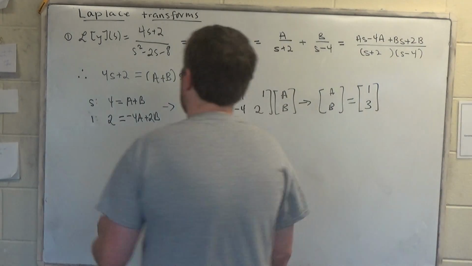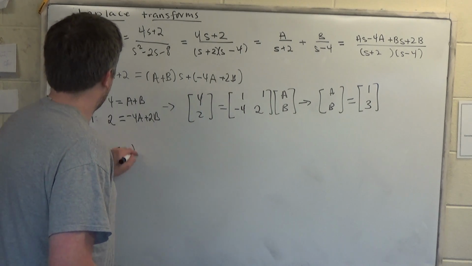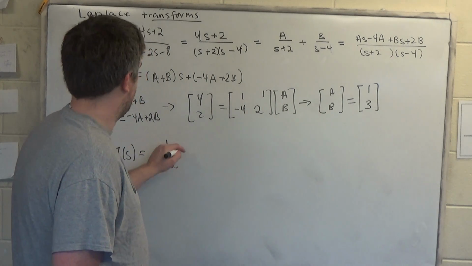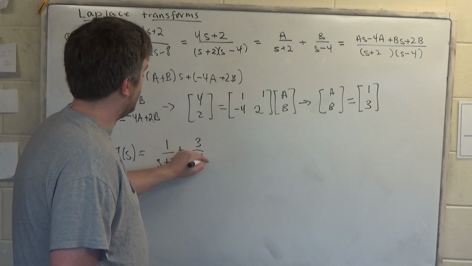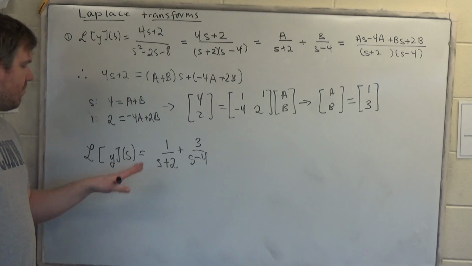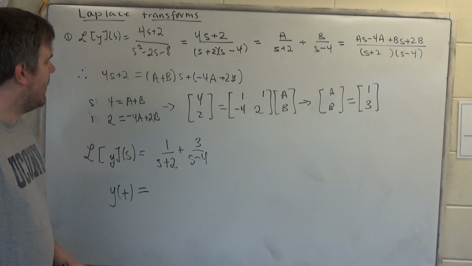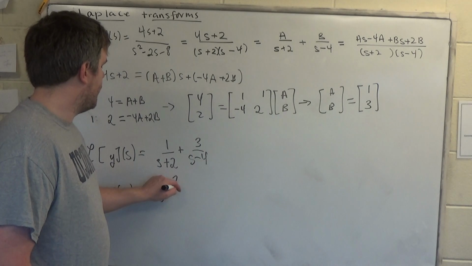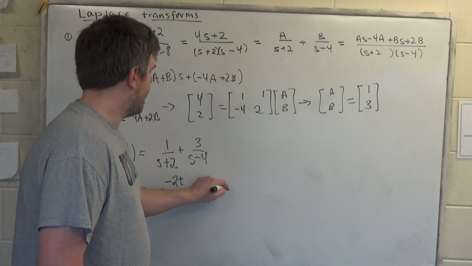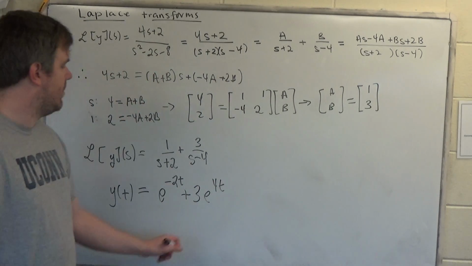So what that means is that the Laplace transform Y(s) can be written as 1/(s + 2) + 3/(s - 4). Both of these individually are on our chart on the right hand side, so we can easily move back to the left to get the function y(t). This should be e^(-2t) + 3e^(4t). And that's what we were looking for.